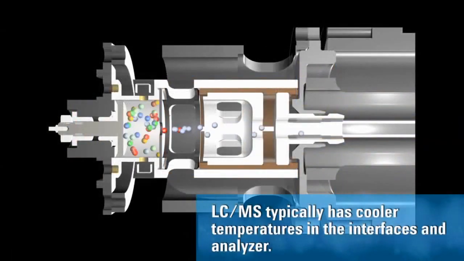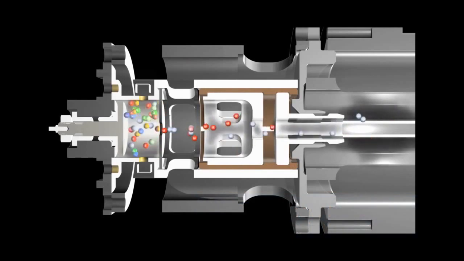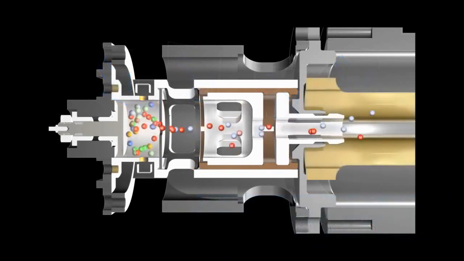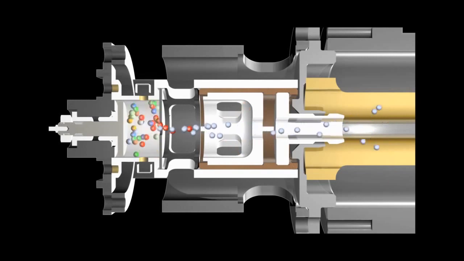For an LC atmospheric pressure source like ESI, metal quadrupoles at temperatures of 100 degrees Celsius are perfectly adequate and commonly used. But for GC-MS-MS analysis, metal surfaces at this temperature will quickly become contaminated. The Agilent 7000 uses a combination of proprietary and patented technologies to avoid contamination problems and ensure robust, high-performance operation.